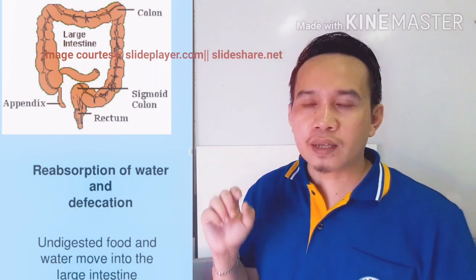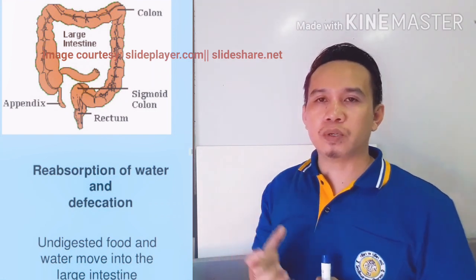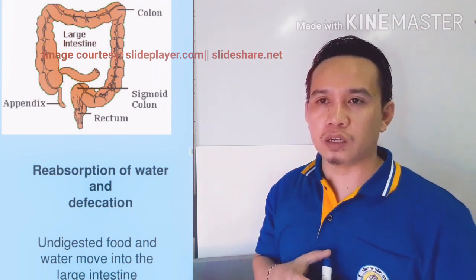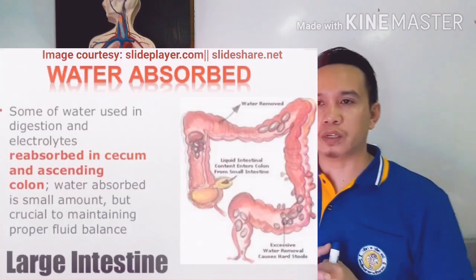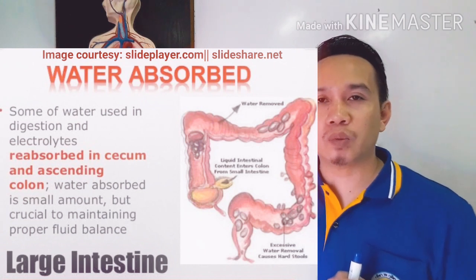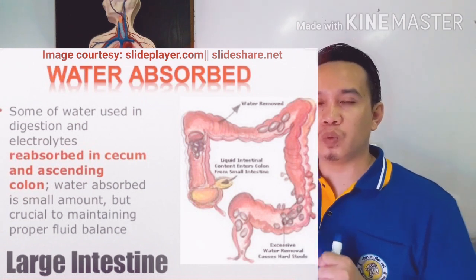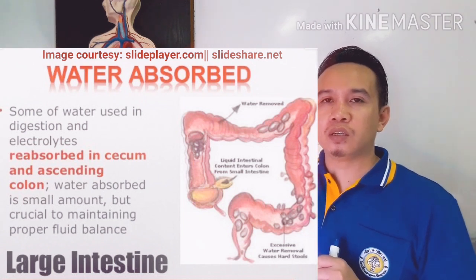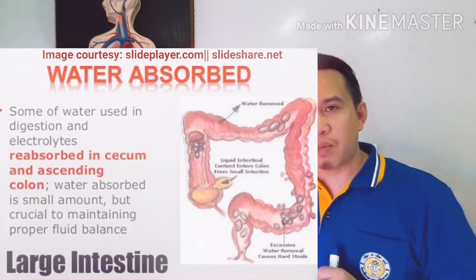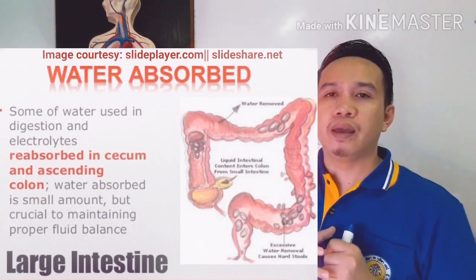Lastly, what happens during the reabsorption of water and defecation? Take note, guys, that during reabsorption of water and defecation, there is an important accessory, which is the main exit point, okay, in which feces come out, and that is what we call the anus.